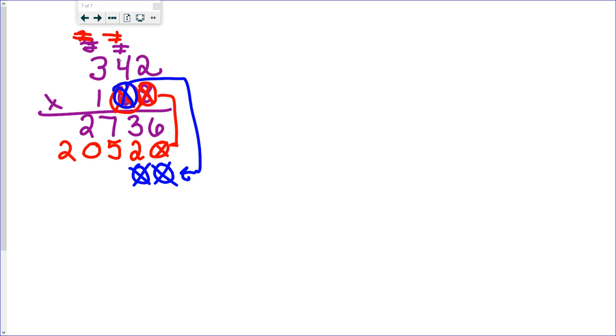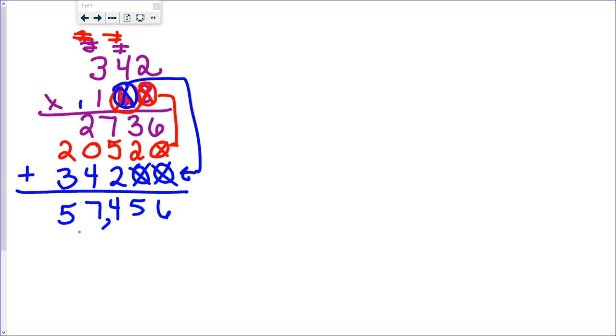Now we have 342 times 1. So we know 1 times 2 is 2, 1 times 4 is 4, 1 times 3 is 3. And then we add our digits together. 6, 5. 9 and 5 is 14, carry our 1. 6 and 1 is 7, 2 and 3 is 5. And we get 57,456.